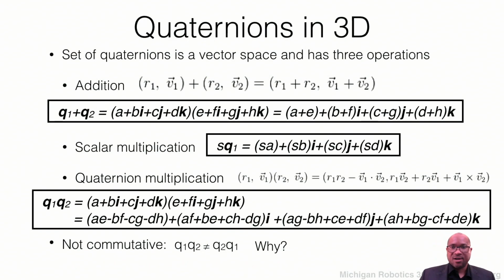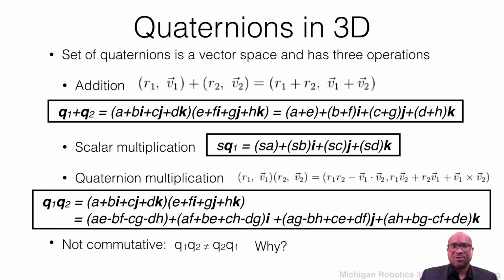We should note that if we have a vector space, that means we have certain operations with respect to which our space is closed. Quaternions have addition and scalar multiplication. If we perform that addition or scalar multiplication, we will get another member of the quaternion set, which makes us a nice vector space, which is great.